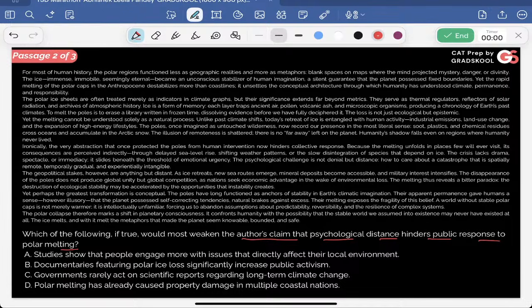Documentaries featuring polar loss significantly increase public activism. Governments rarely act on scientific reports regarding long-term climate change. Polar melting has already caused property damage in multiple coastal nations. I want you to answer the question because now we have gone through the entire passage. A lot of people have not marked this, but those who have, tell me the reasoning behind it.